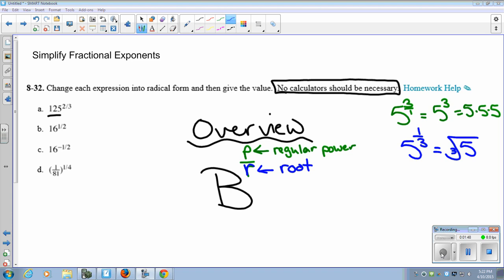So again, 5 to the 1 power, well, we never say that, but we could. 5 to the 1 power is just 5. But this number down here is the root. And then the last thing is a negative up here in the exponent spot doesn't mean that the number is negative. All it means is reciprocal.